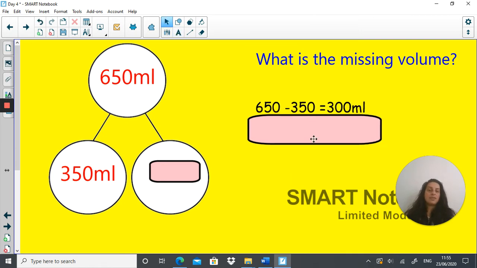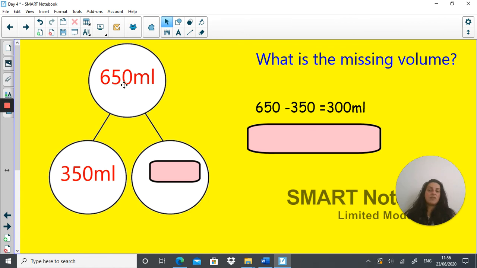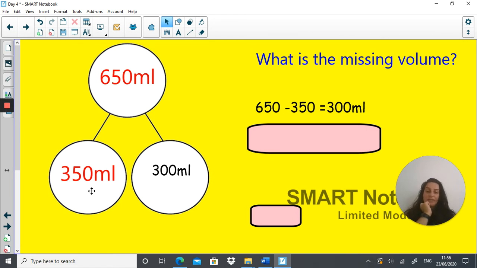So you would say 650 millilitres take away 350 millilitres leaves 300. The missing figure here is 300, and you can check by using the inverse. If you add 300 and 350 millilitres, it does equal 650 millilitres.